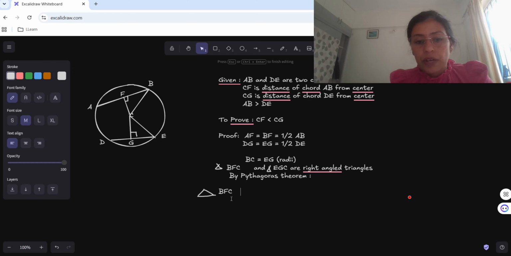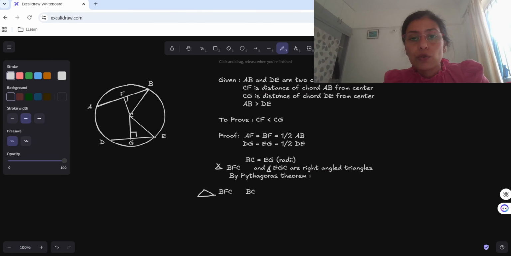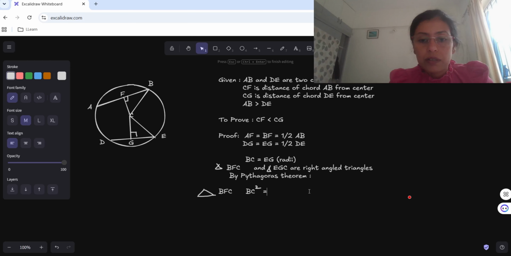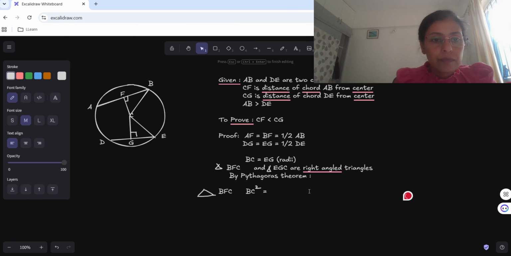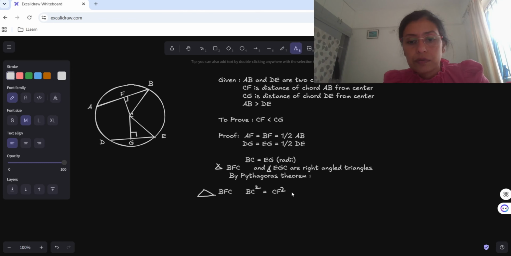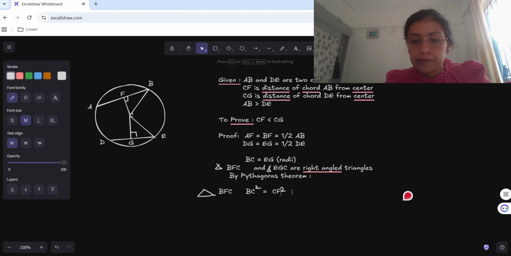Okay. Triangle BFC, our BC is the hypotenuse. So what we can say is BC square will be equal to CF square plus, what is the other side?